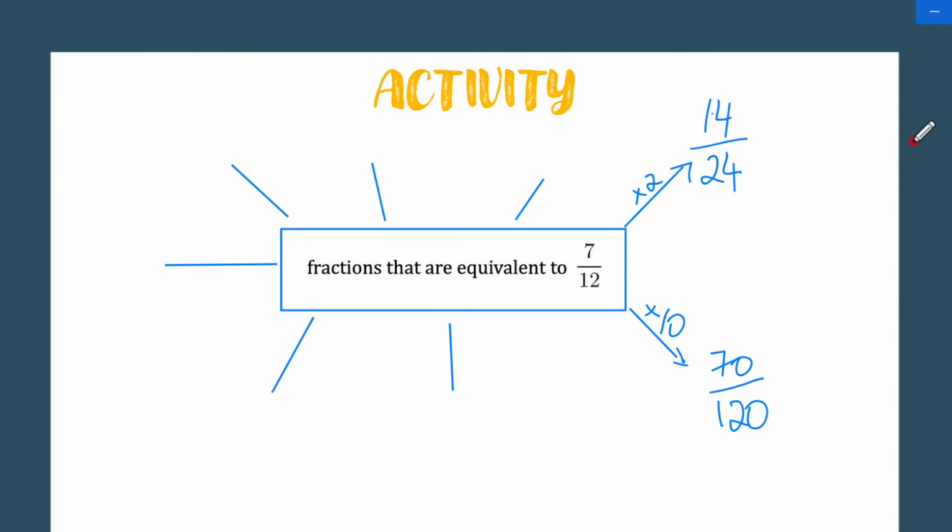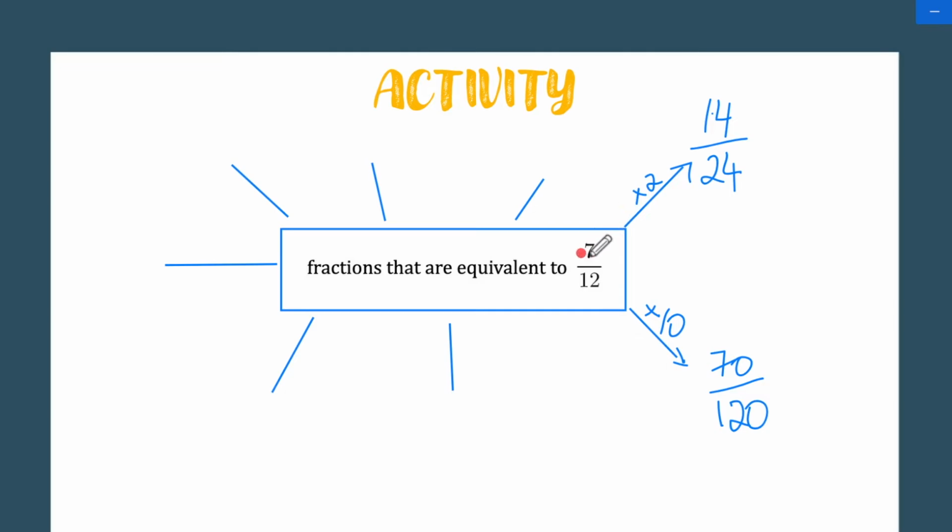I will not be showing you the answers for this activity because, as I mentioned previously, there is an infinity of numbers that you can write here in order to get a correct answer. Okay, so pause the video and give a few more examples.